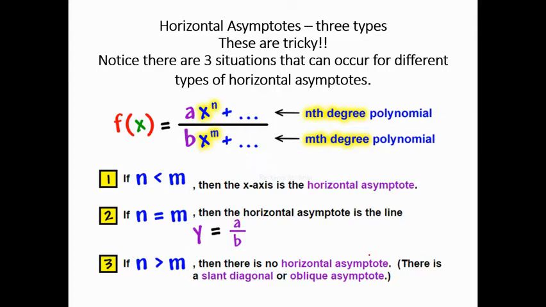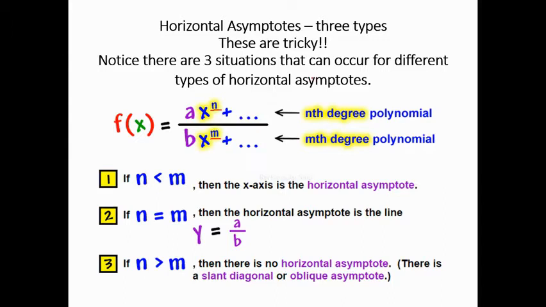There are 3 types of horizontal asymptote, and notice the 3 situations that occur for different types of horizontal asymptotes. So we're going to concentrate here on the exponent because this is going to determine how you find your horizontal asymptote.